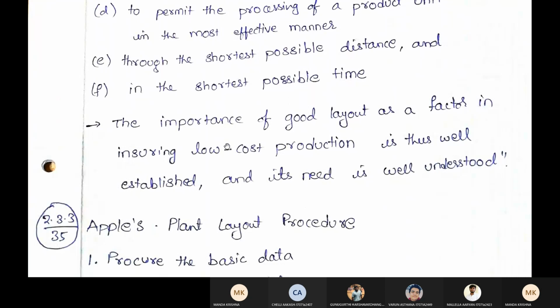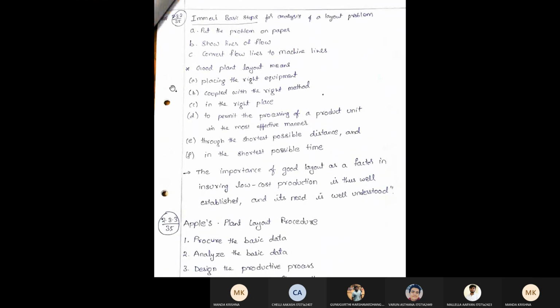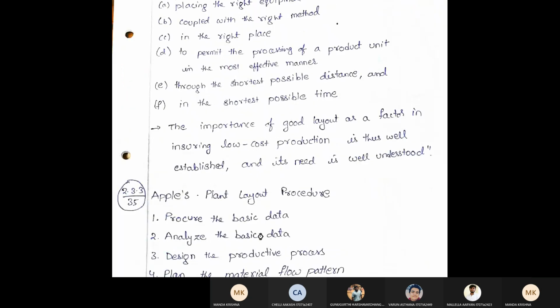So, while designing the plant layout, we have to consider these steps, and what is meant by good plant layout we can see in these 6 points. Next is Apple's plant layout procedure.